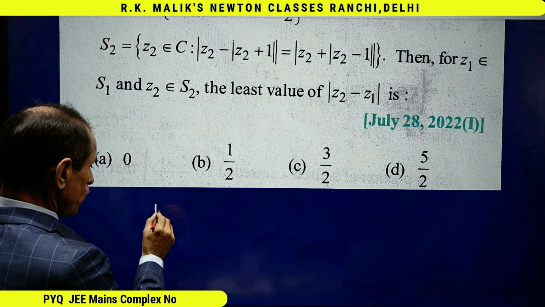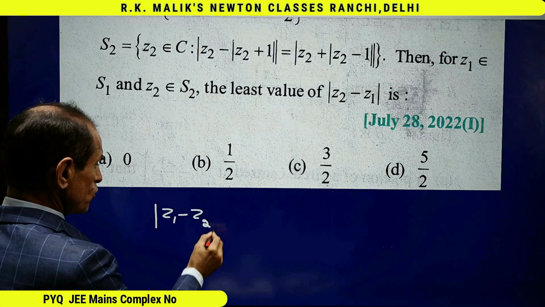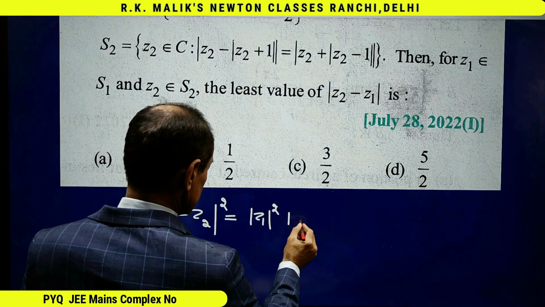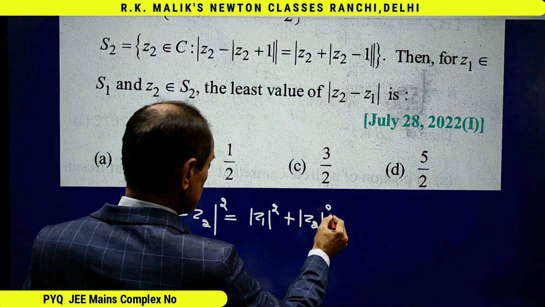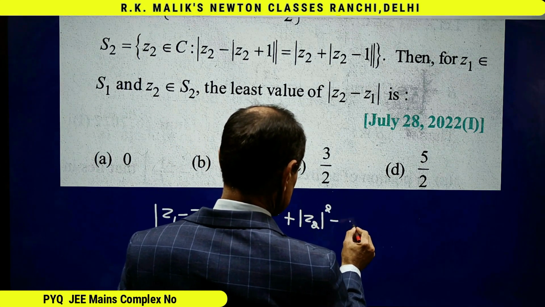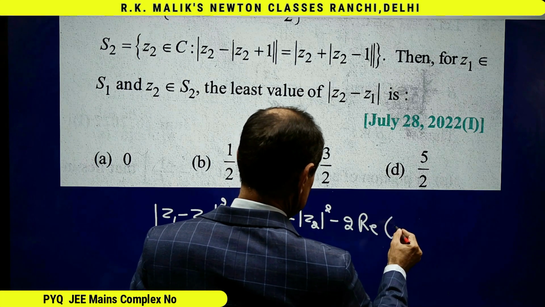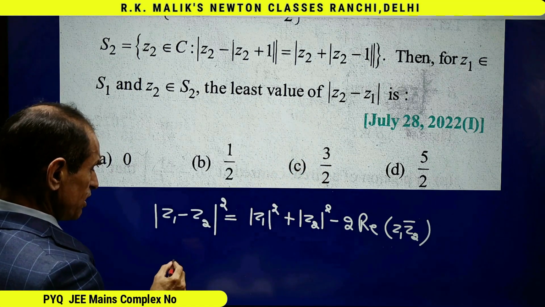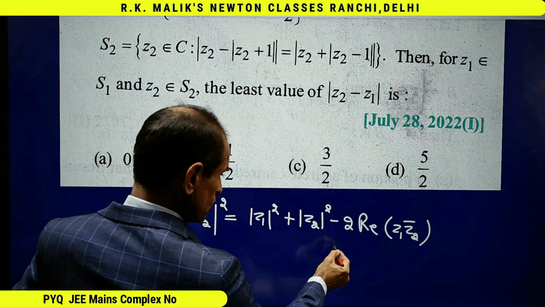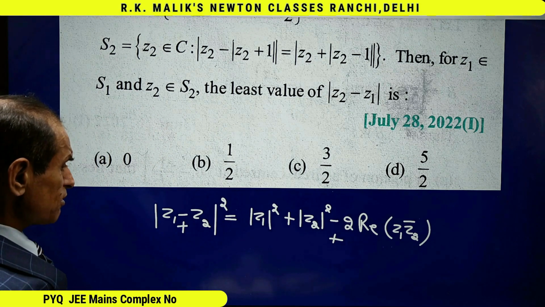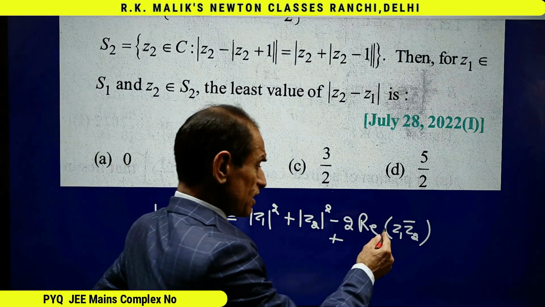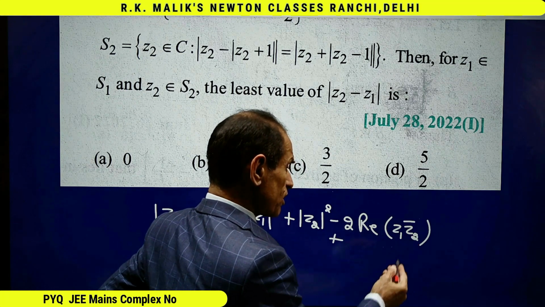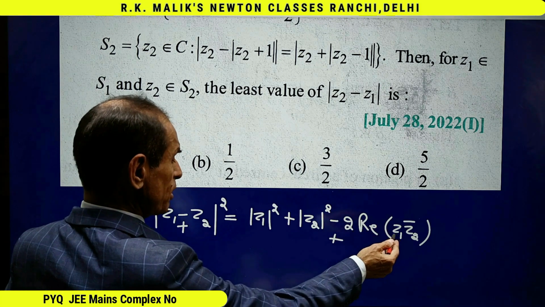We know that mod of Z1 minus Z2 whole square is equal to mod Z1 square plus mod Z2 square minus 2 times real part of Z1 Z2 bar. Similarly, if it is plus here, plus will come here. Keeping this formula in mind, note that here I can write Z1 Z2 bar, or I can also write Z1 bar Z2. Real part of both of them are same.